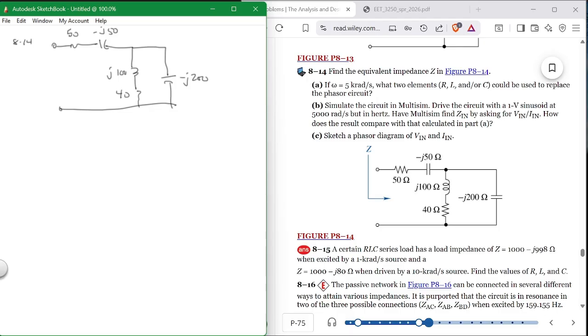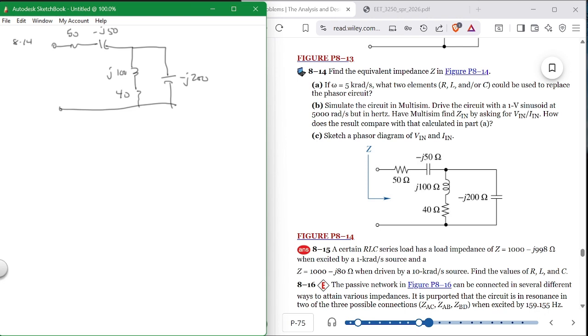Make sure you've got it in complex mode. 50 minus 50i plus parenthesis 1 divided by parenthesis 40 plus 100i in parenthesis plus 1 divided by minus 200i in parenthesis equals.